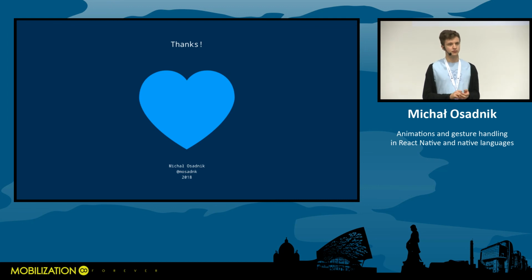What's more, Animated allows making operations in the JavaScript thread, because using native driver support was not obligatory, and Reanimated is only a native library, so it's a little bit more performant because of that.